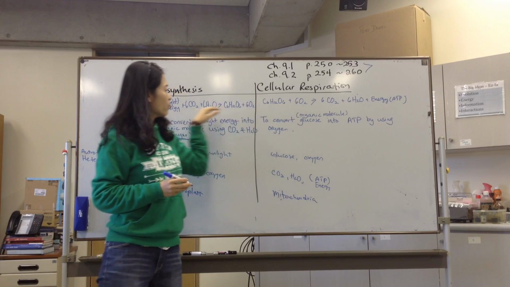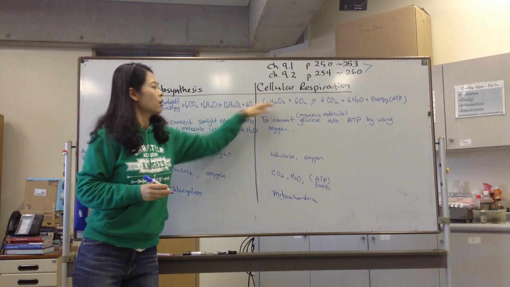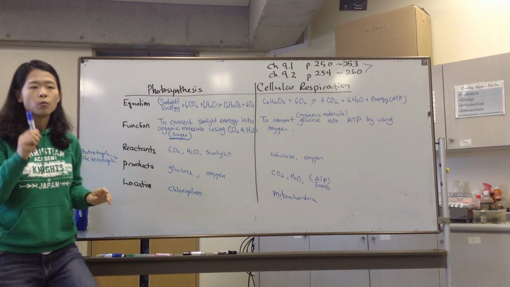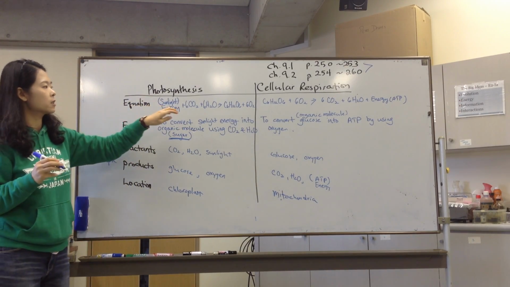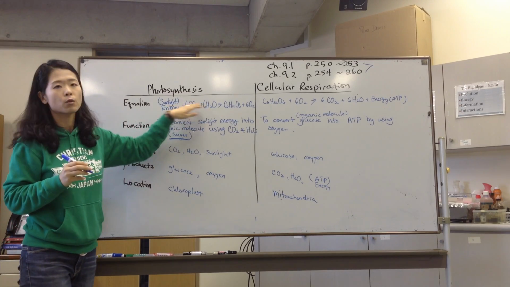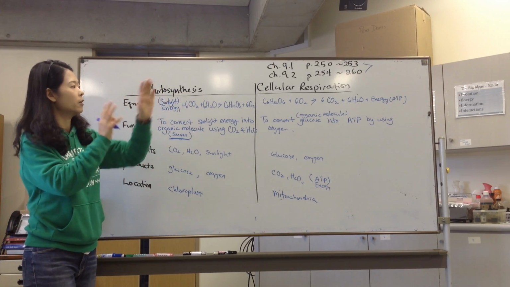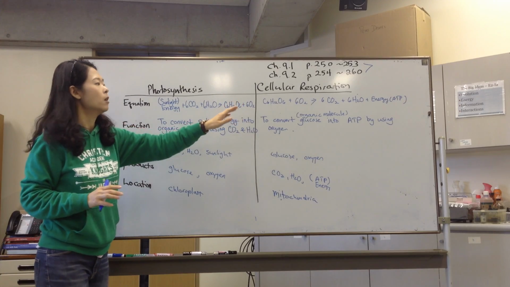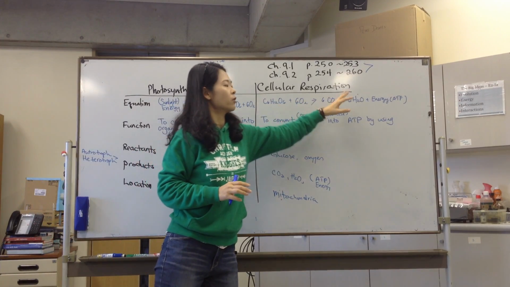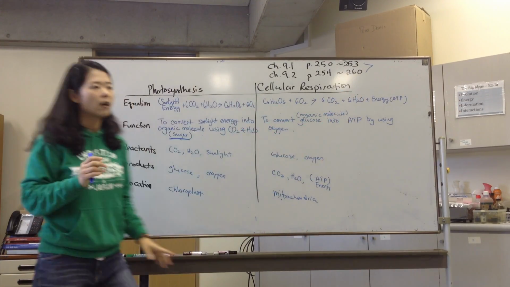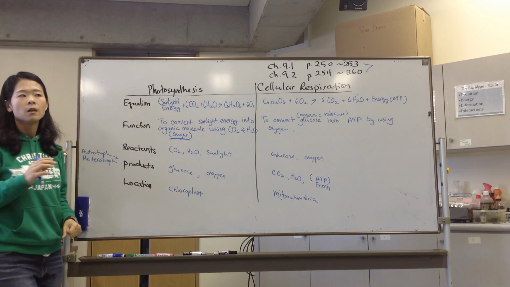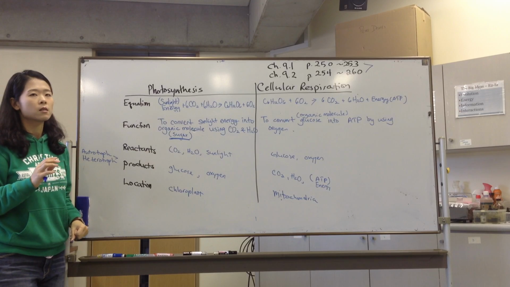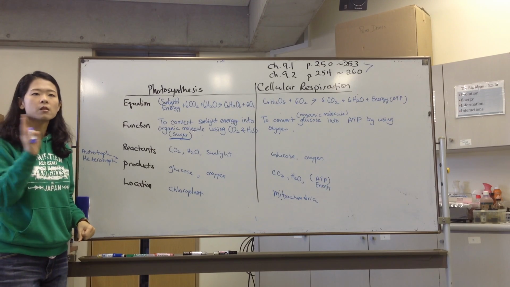Now, I wrote both of these reactions in one equation. You take sunlight, carbon dioxide, and water, put them together and we get this and that. Or you take these two and you get these three. However, in reality, both of these processes involve a series of reactions.